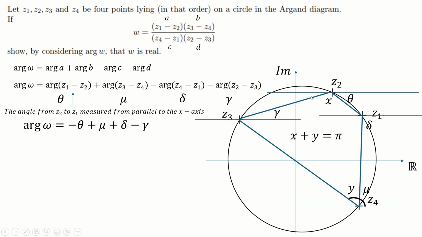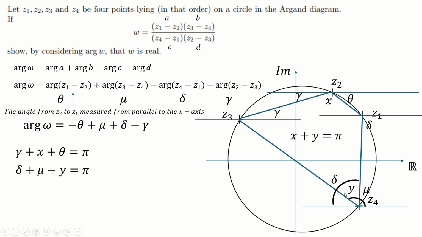We can also say that this angle up here maybe is gamma, which means we have gamma plus x plus theta is also pi. And then also, the other thing we can say is that this one here is delta. Now, if that's delta, alternate says that all of this is delta. So therefore, looking at this straight line here, delta plus mu is, I think, pi.